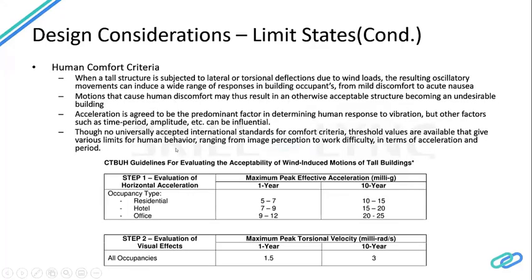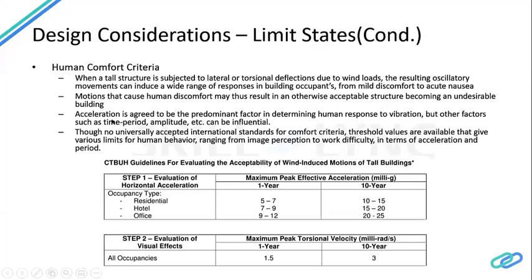Now, in terms of human comfort criteria, which is the third one that I was mentioning, there is no particular standard covering this in general, but there are certain accepted values. And how do we measure this is based on the acceleration.